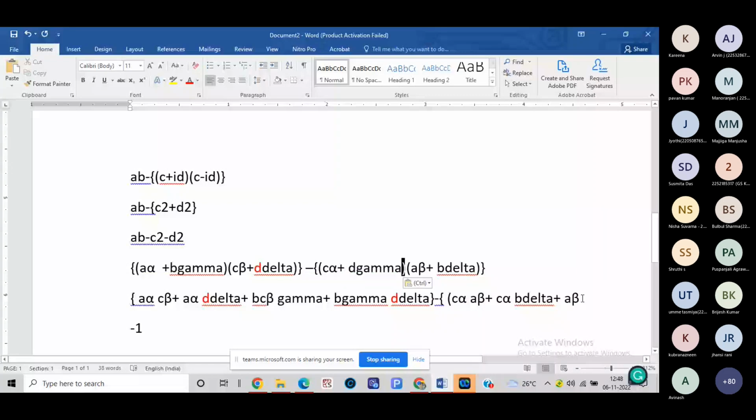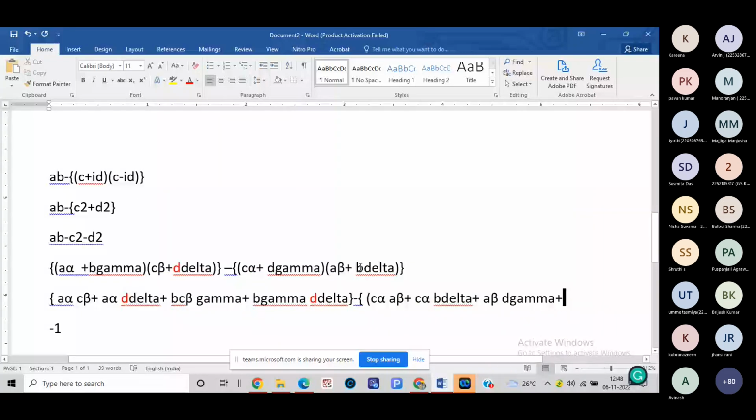Plus the last one, one more D term, D gamma, gamma B delta, B delta.